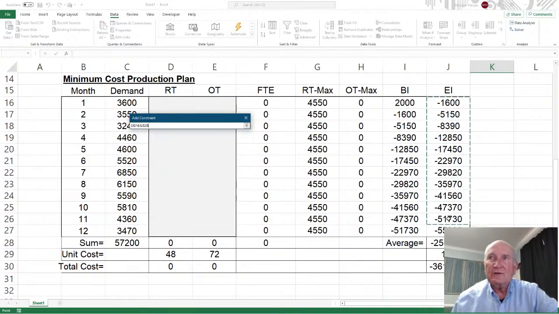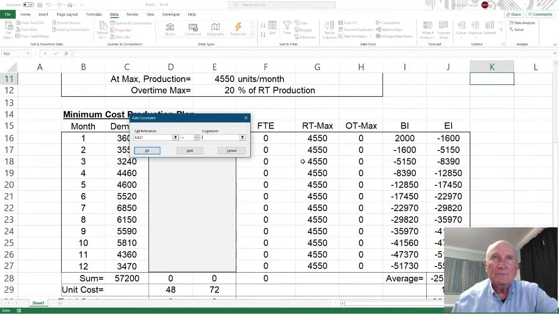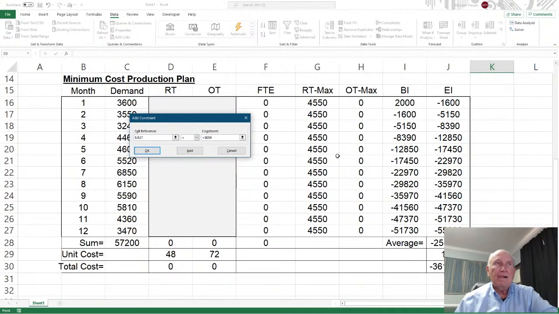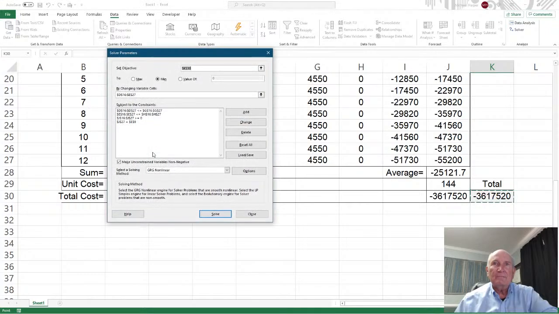Our ending inventory now is going to be greater than or equal to 0. Add, our ending annual inventory is going to be equal to, what is it up here? It's 1,500. And there they are. Say OK.